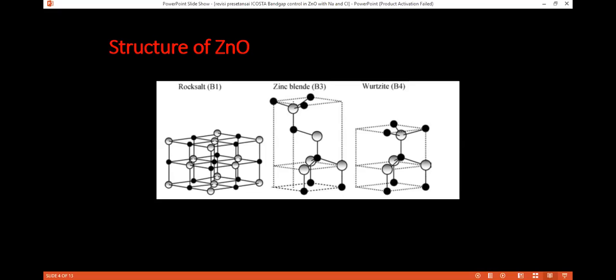But the wurtzite crystalline structure is the most stable crystalline structure. That's why here we use wurtzite structure.